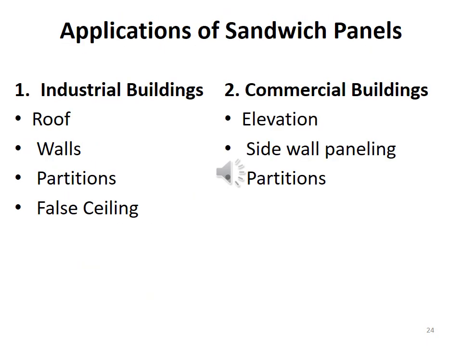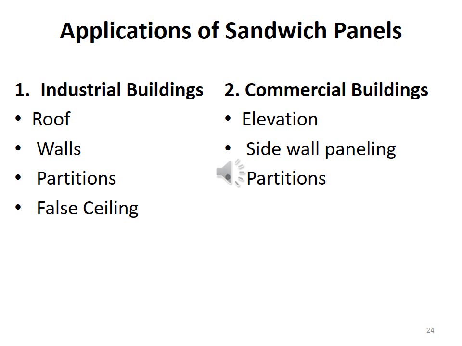The sandwich panels can be applied in different areas, such as industrial buildings, for construction of roofs and walls, to create some partitioning to enhance the space in the offices, to increase the beauty appeal of the interior structure. These sandwich panels can be used in false ceilings.